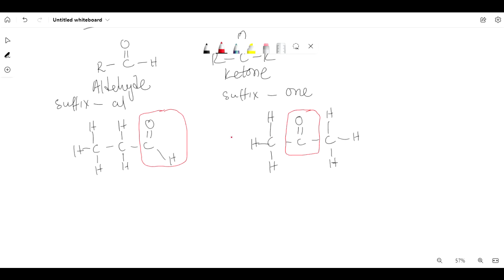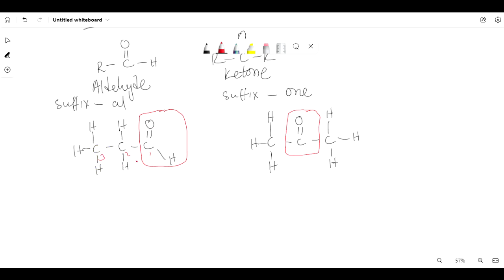Now this one, we cannot name the position of the aldehyde because it's always at number 1. So we just call the entire thing, starting from 1, 2, 3.